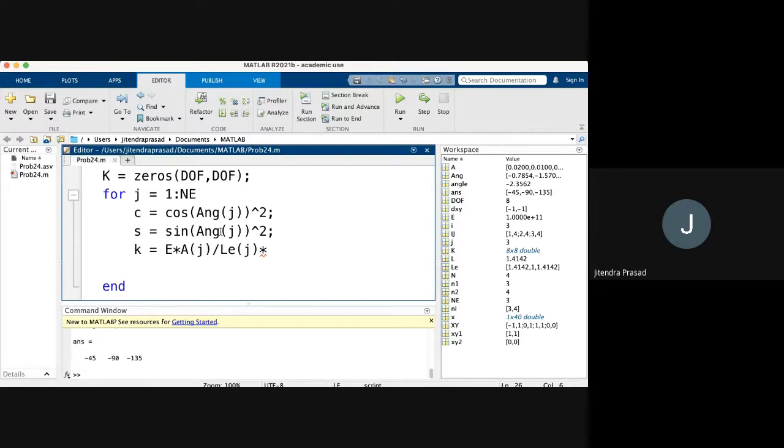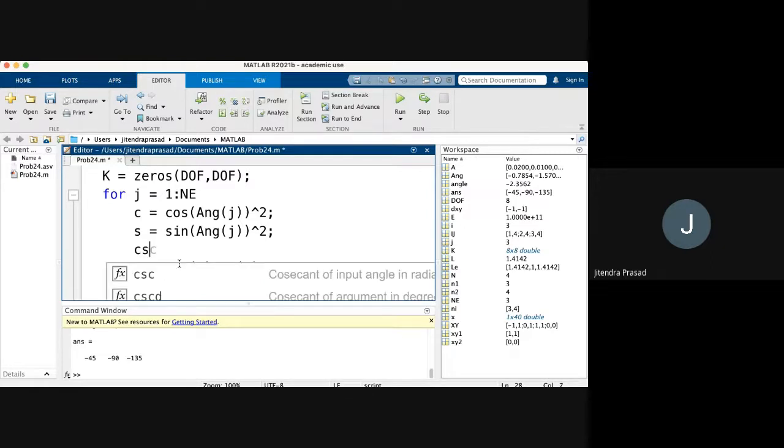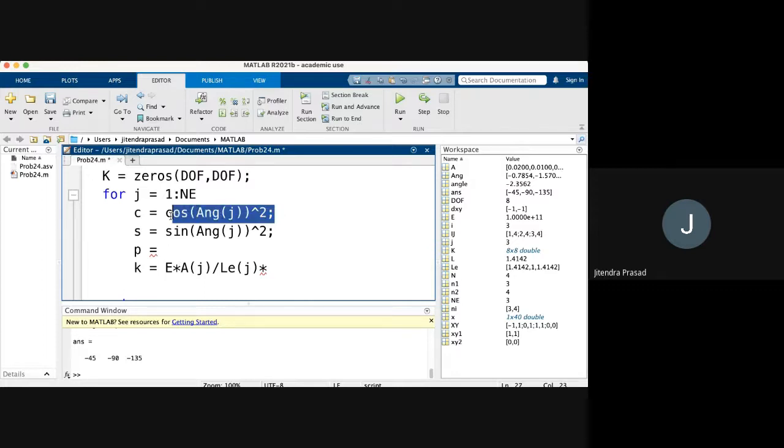So CS, and then we can also write P, equal to the product of sine and cosine, cos multiplied by sine.